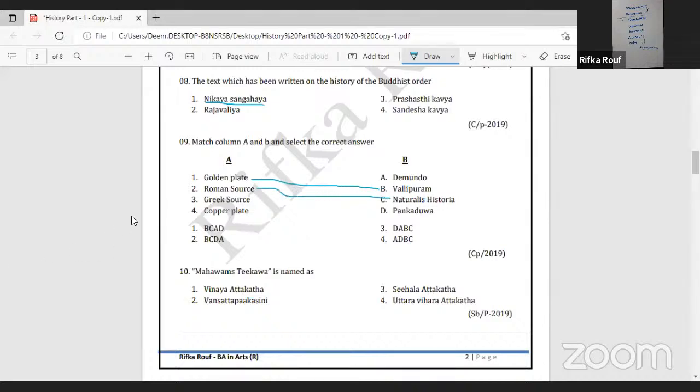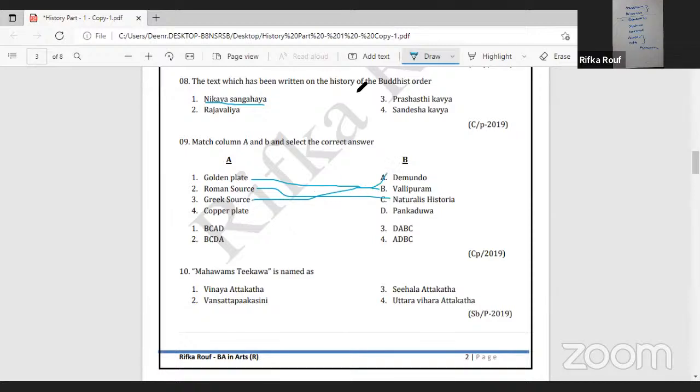Right. What is the Greek source you have here? Yes, good children. Very good. De Mundo.